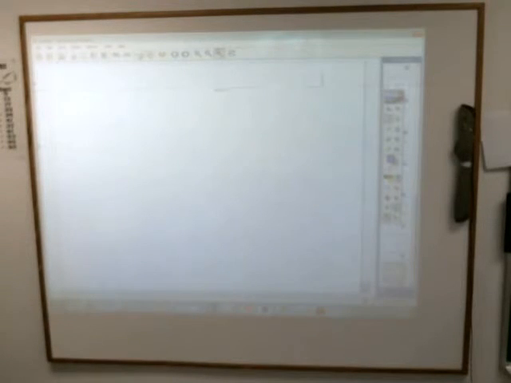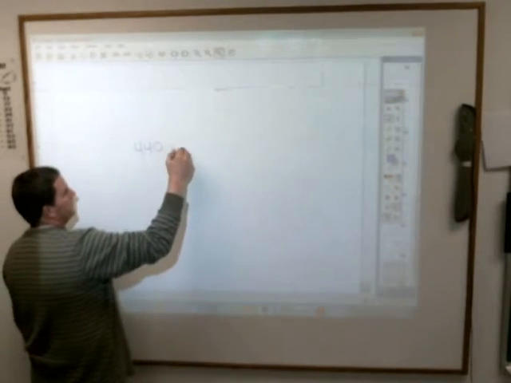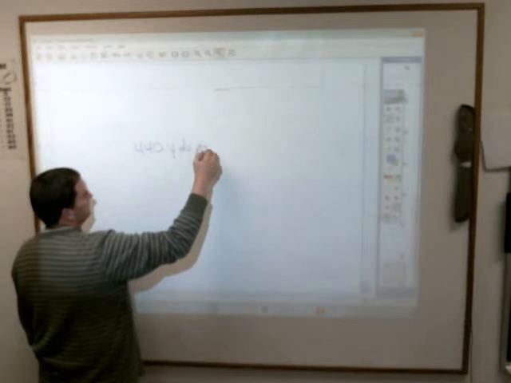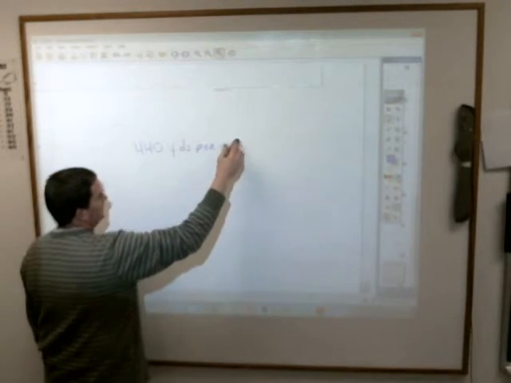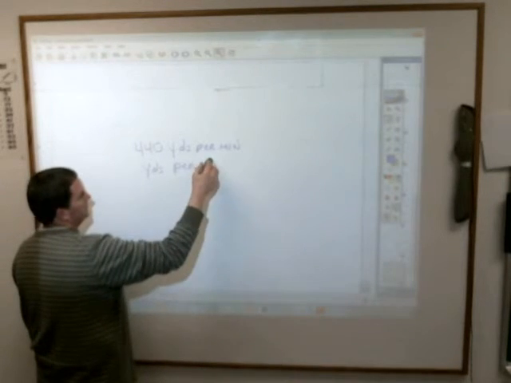How about this one? Ooh, here's a good one. 440 yards per minute to yards per second. 440 yards per minute to yards per second.